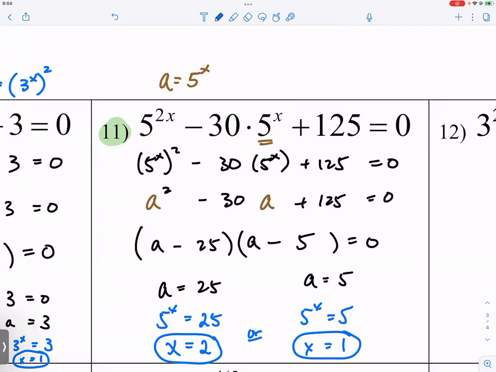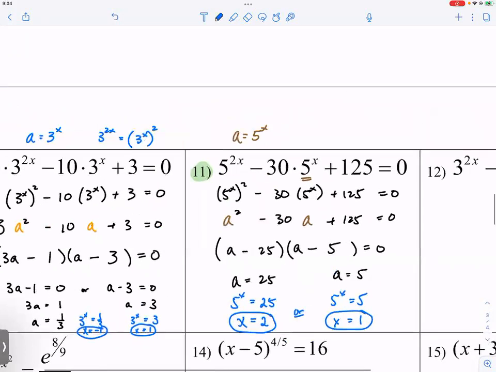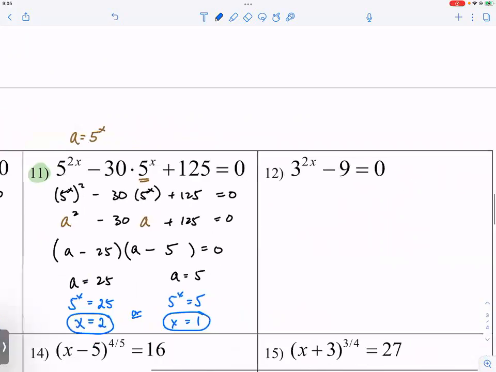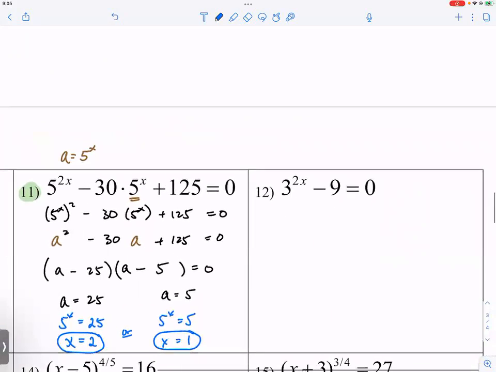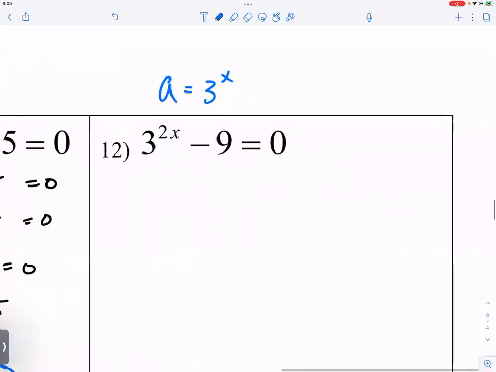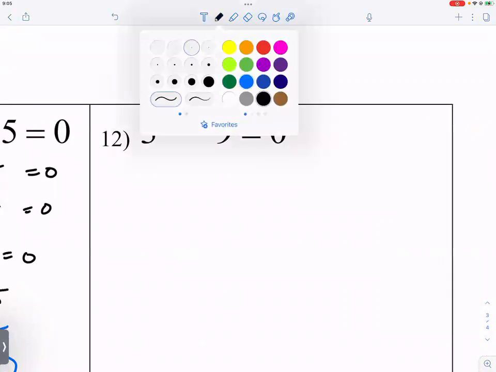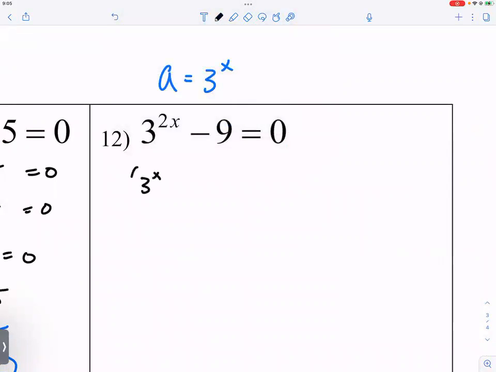So again, just make sure that you know how to take care of the dummy variable, and everything should be pretty good. Now, number 12 is also the same thing, but it looks a little bit simpler. So in this case, a is your 3 to the x. Whenever you see 2x in the top, you can smell something different.